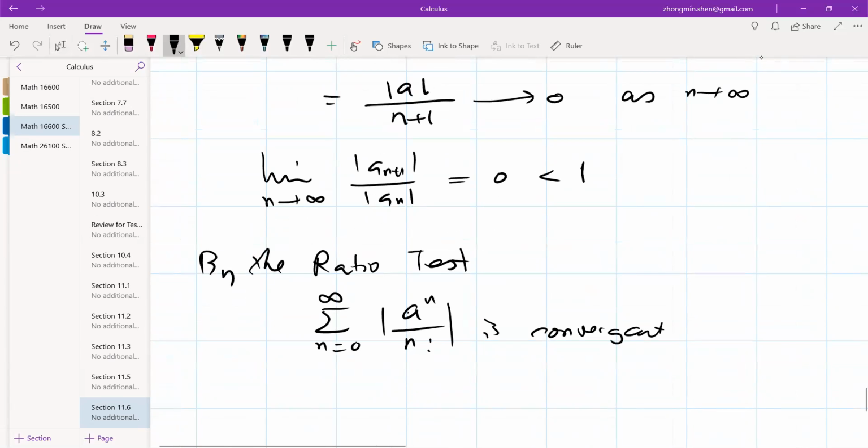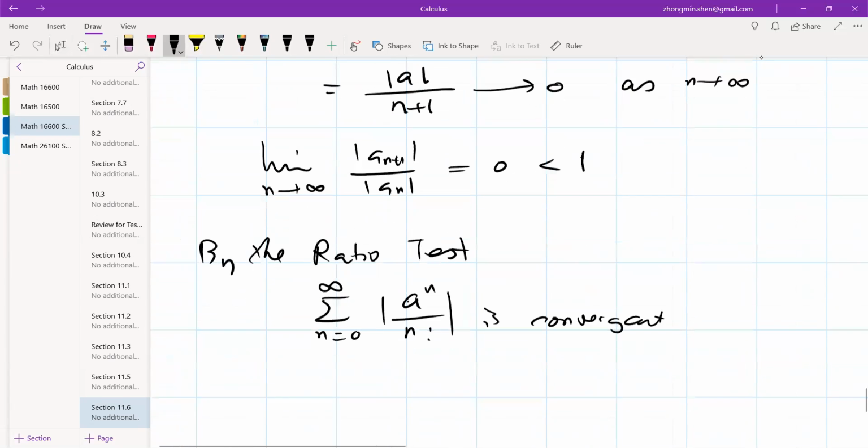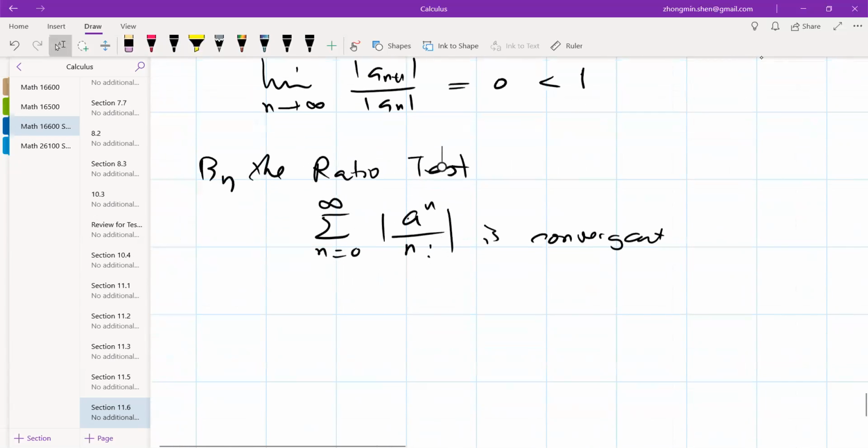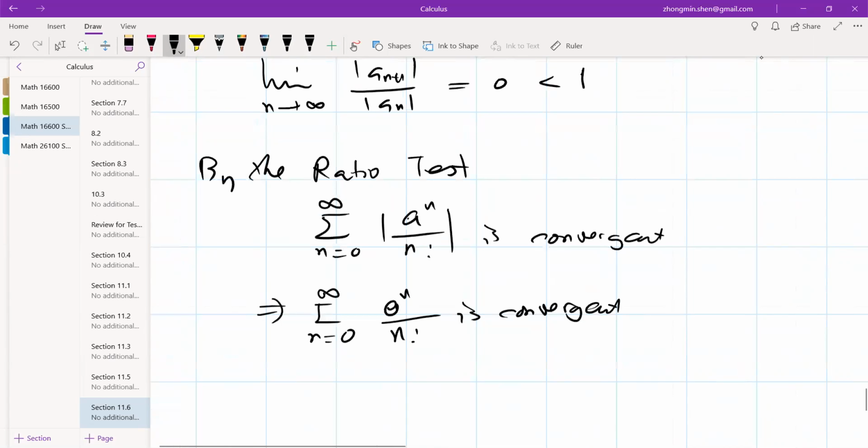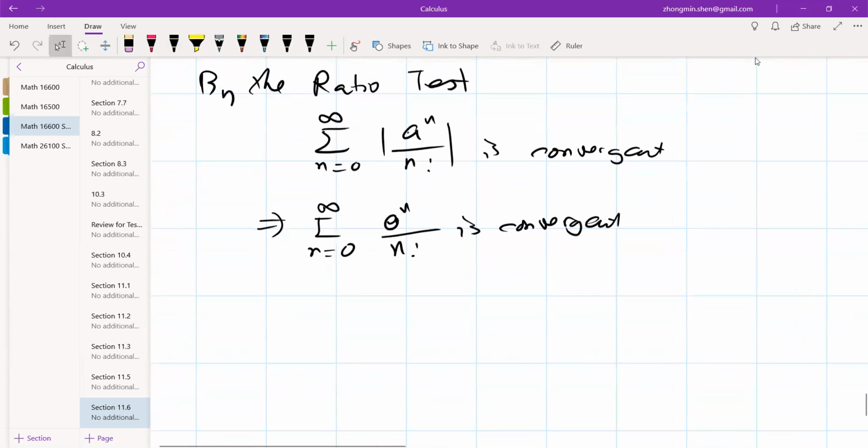Of course, the original series is convergent absolutely, right? So this implies convergence. All right. So this is the very useful test.